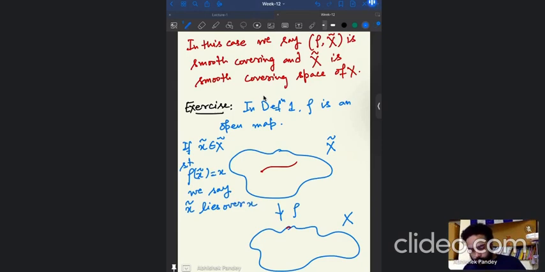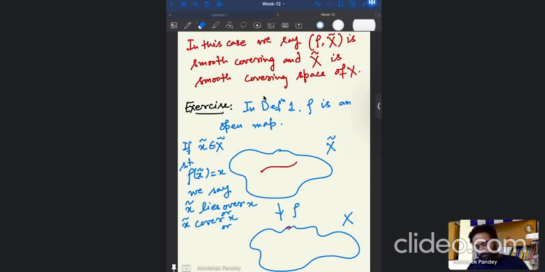Or we can also say x is a projection of x tilde, or x tilde covers x.